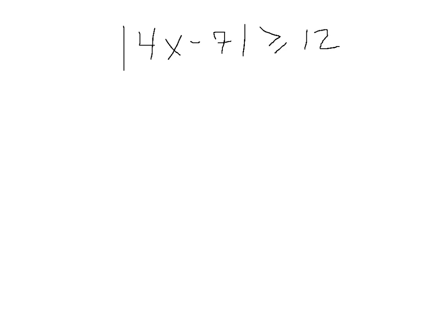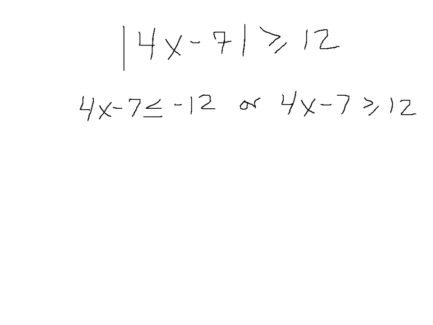And if you recall what we just said, there are two ways that the absolute value of something can be greater than or equal to 12. One way is for 4x minus 7 to be less than or equal to minus 12, or 4x minus 7 can be greater than or equal to 12.